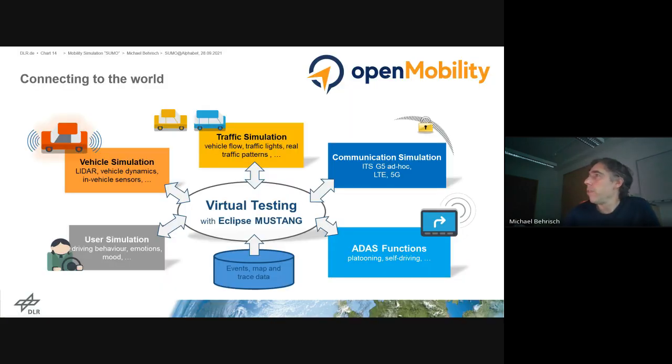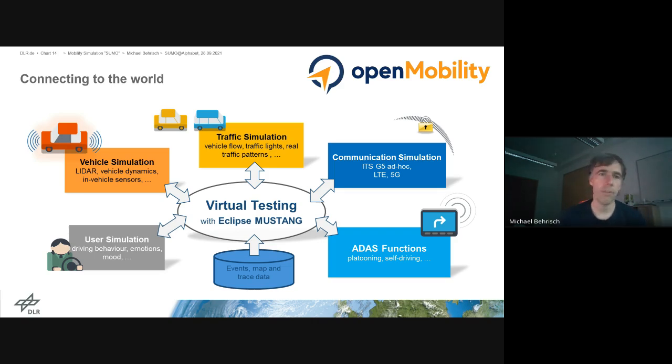Okay, so how does this continue? Also, if we look at the Eclipse environment, we are not the only mobility-focused project in the Eclipse Foundation. There's more to it, for instance Eclipse MOSAIC, which is somehow a simulation middleware or a simulation connector, which does the co-simulation of different functionalities.